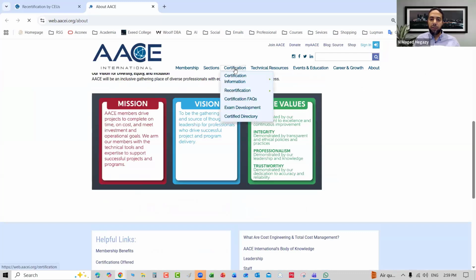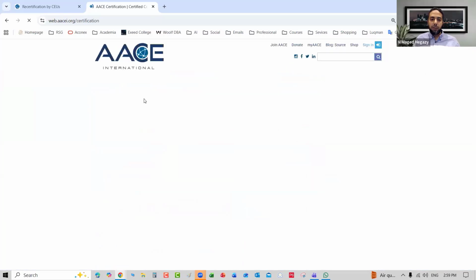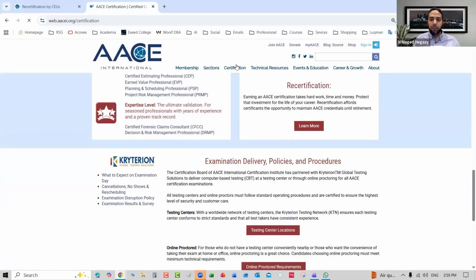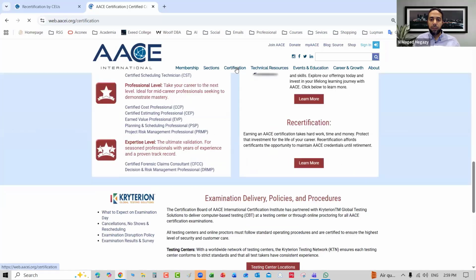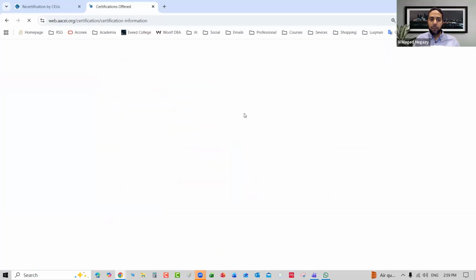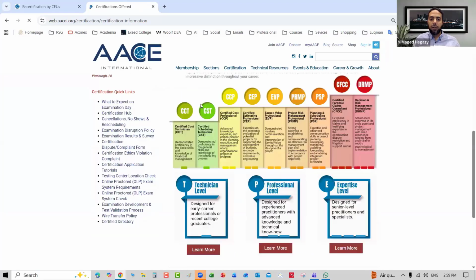Also here about the certification itself, the levels. They have one chart here for the levels. Here the levels. Here the CCP.